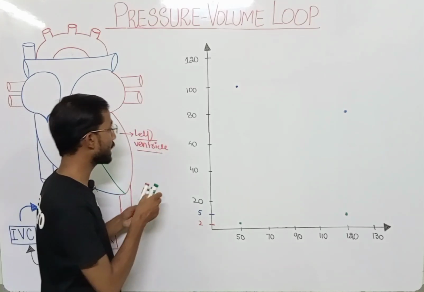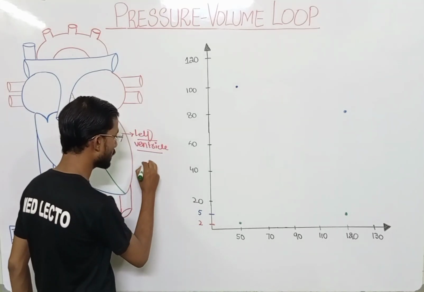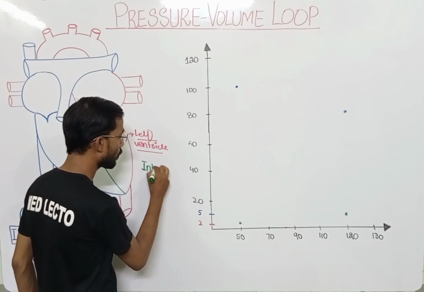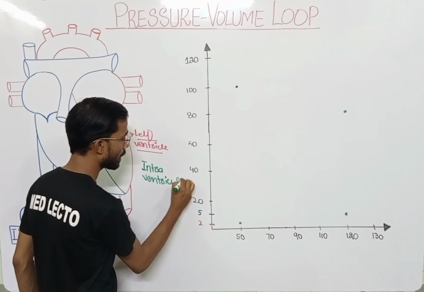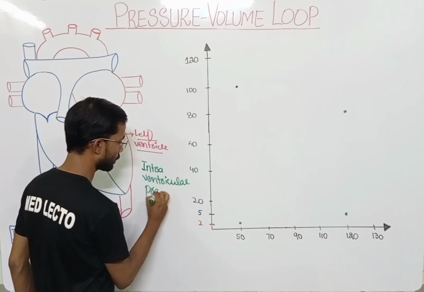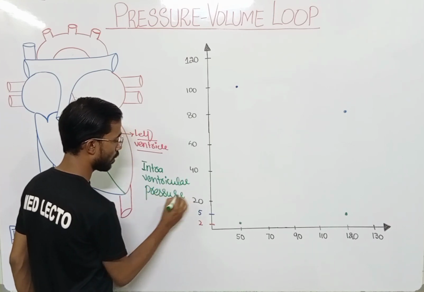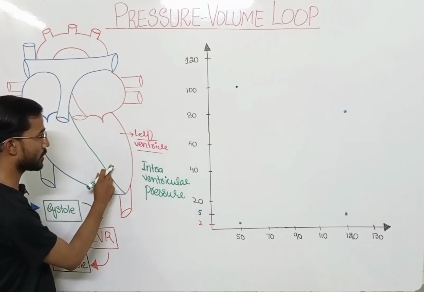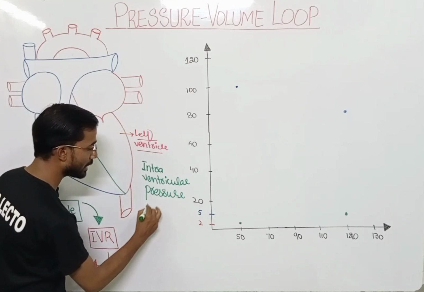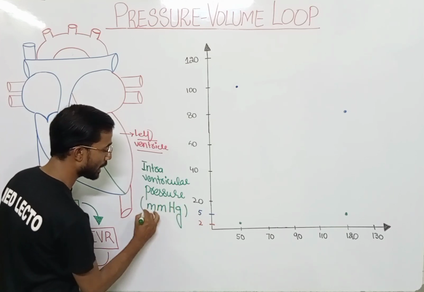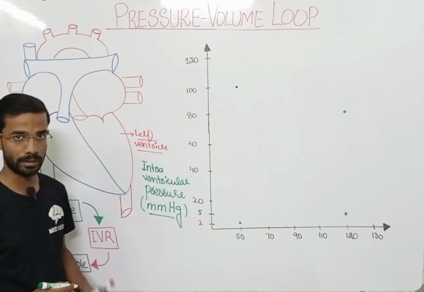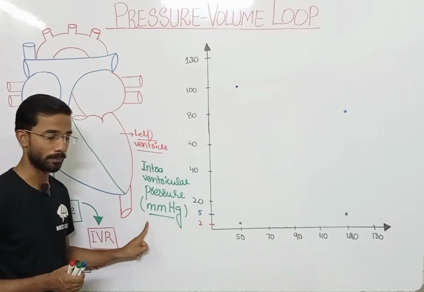So here is basically the intraventricular pressure of the left ventricle, and we will take it in millimeter mercury. That is the unit of the pressure, millimeter mercury. This is the one thing.